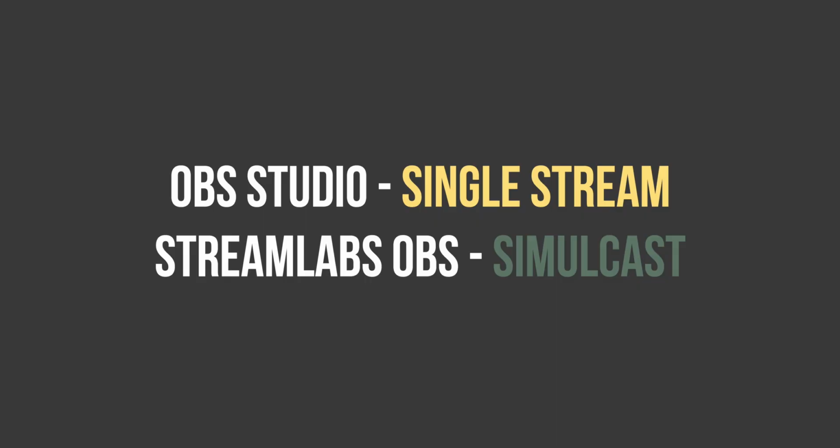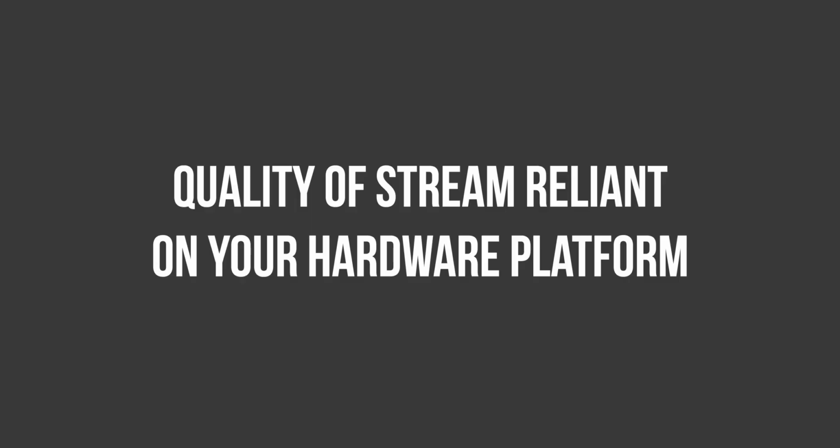OBS Studio, however, can only stream to one service at a time, unlike Streamlabs OBS, which has paid-for options to enable these multi-streaming capabilities. Both options perform all the rendering of your audio and video streams on your system, which means unlike these browser-based options, these can add significant load to your computer, especially if you start to stream at high frame rates and resolutions.